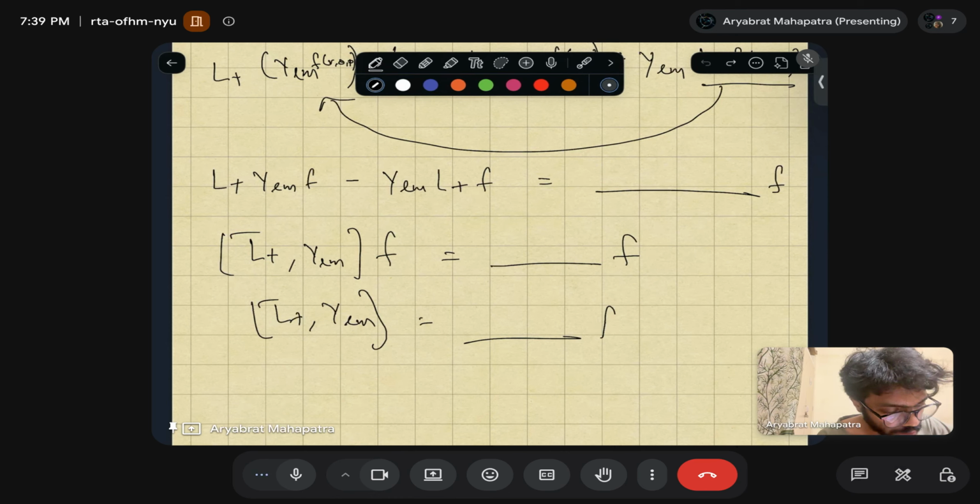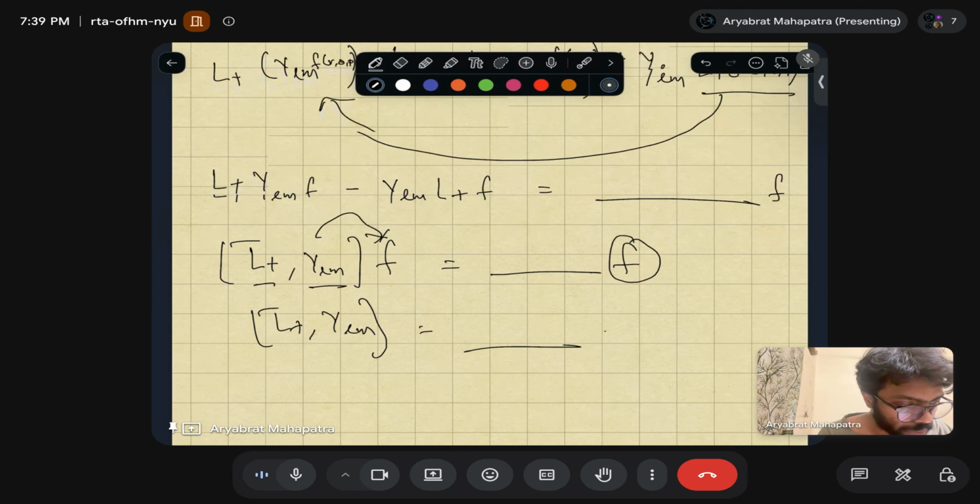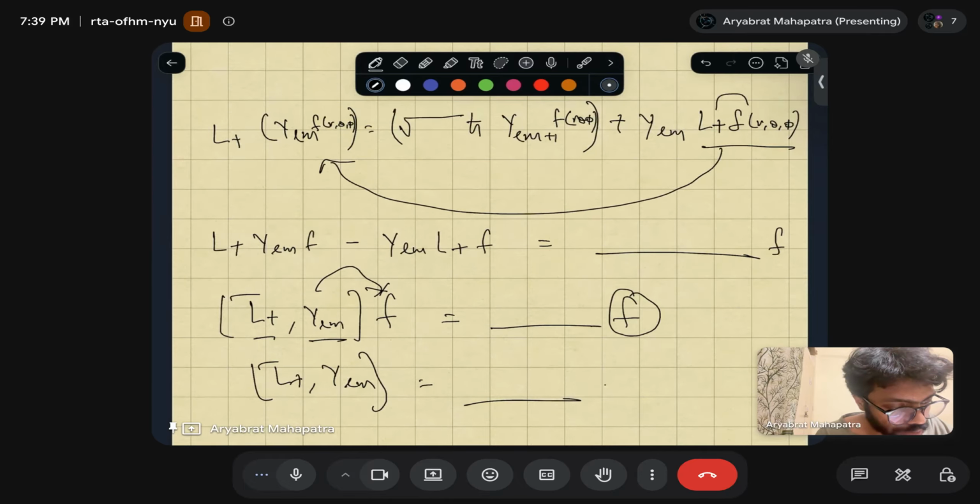You need not know the form of f. If you were asked to calculate L plus Y_lm acting on f, then you would need the exact explicit form of how L plus acts on f.